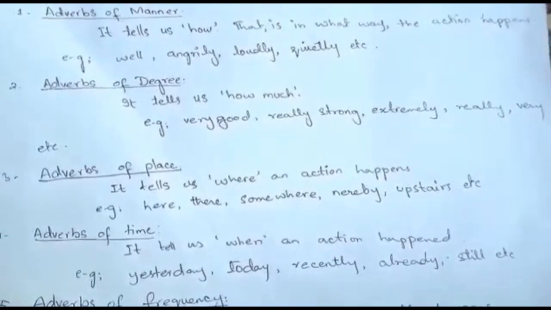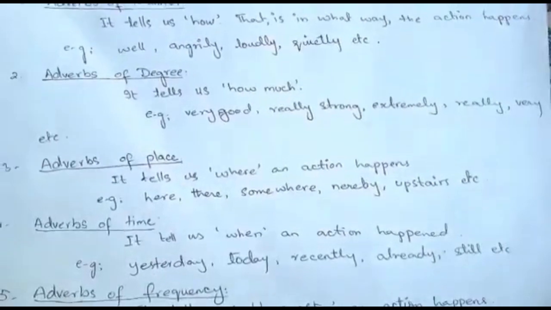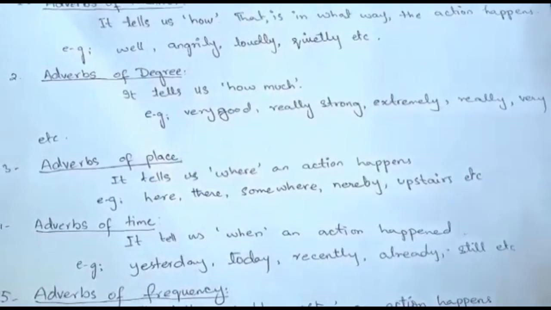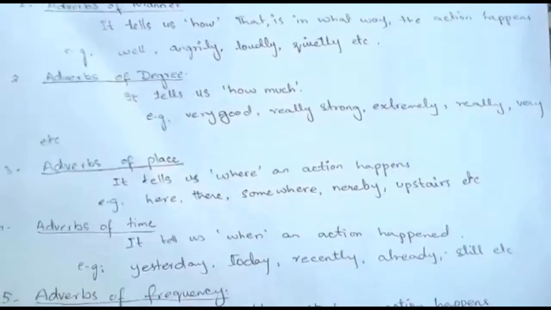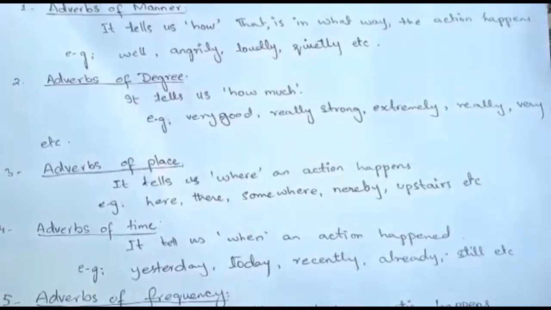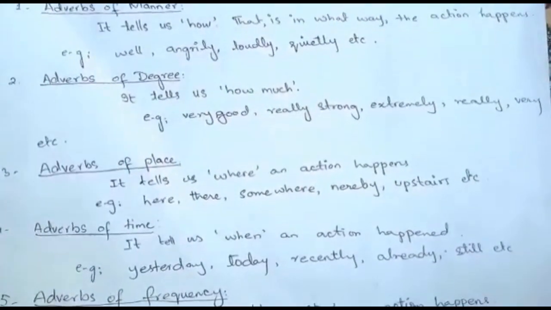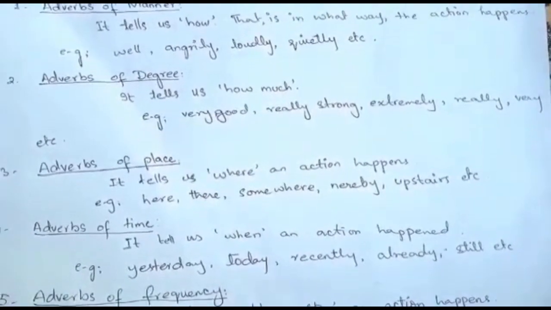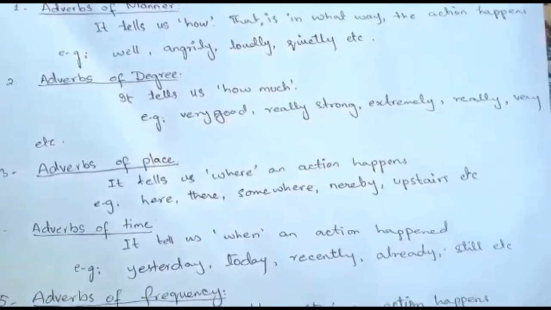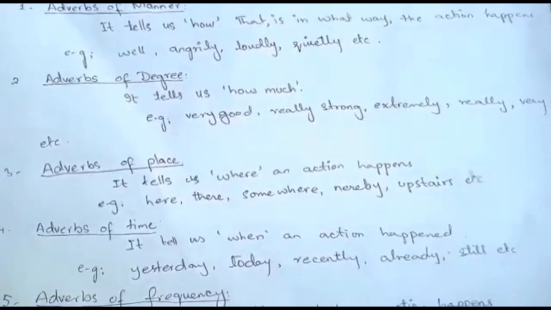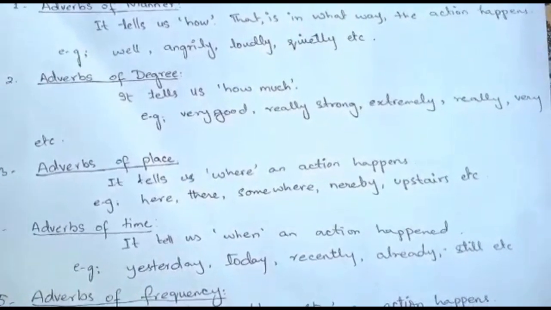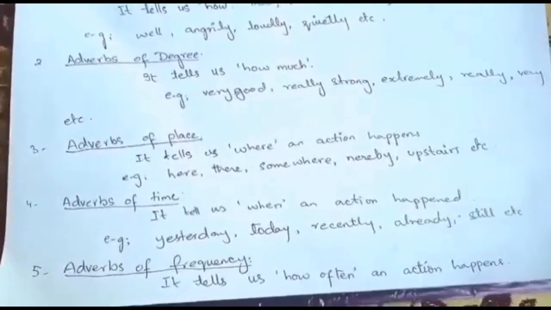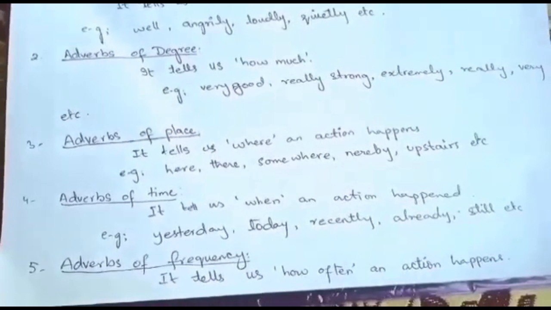Or you can also say that Sarah is extremely beautiful. So this example shows you how beautiful Sarah is. She's extremely beautiful. So over here, extremely is the adverb of degree because it is telling you how much.